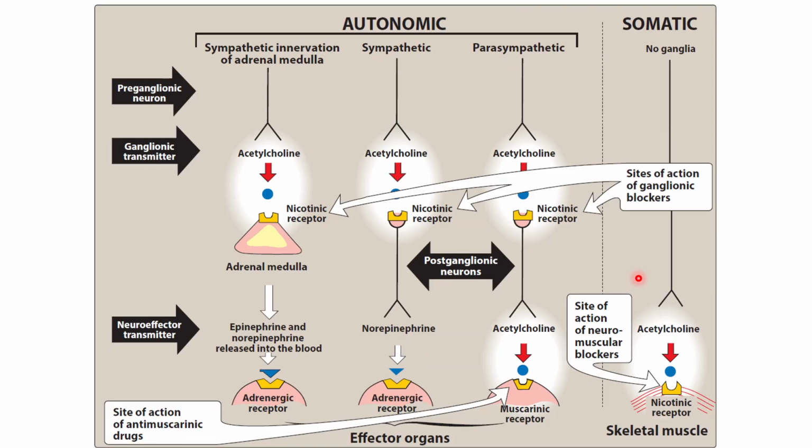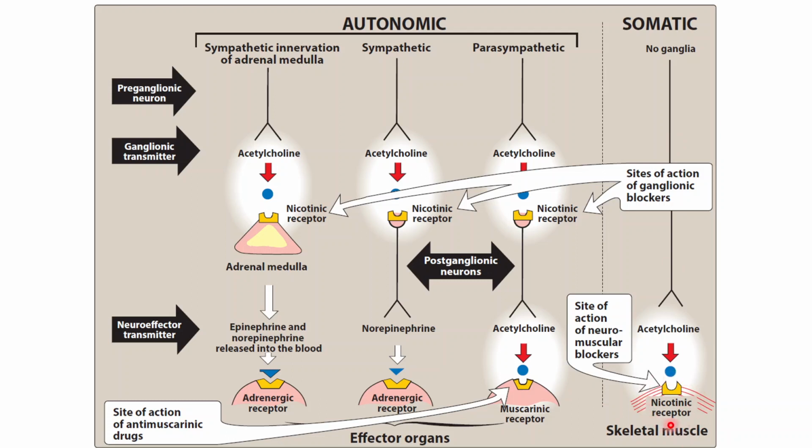The sites of action of the ganglionic blockers are in the sympathetic and parasympathetic ganglia, the site of action of the antimuscarinic agents is in parasympathetic postganglionic neurons, and the site of action of the neuromuscular blockers is in somatic neurons.